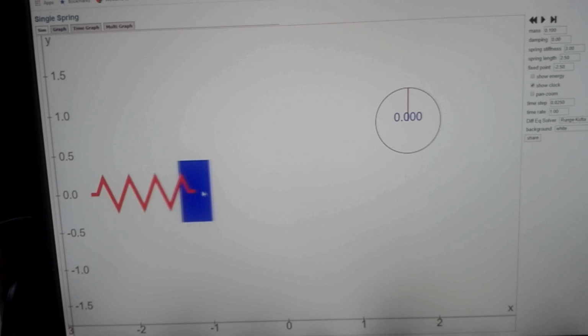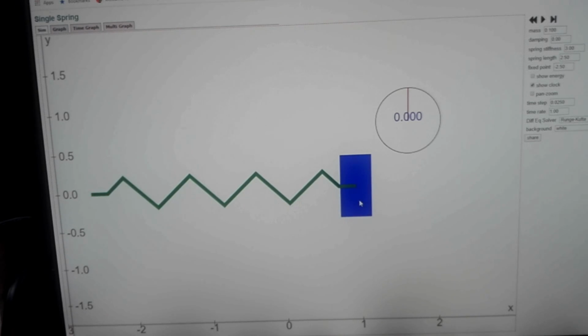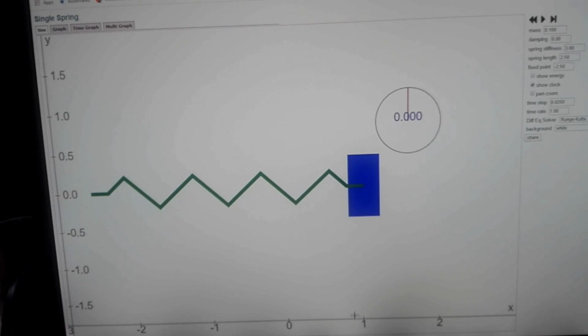In the first example, we drag this object to position 1, and in the second case I will drag it up to 2. This means that its amplitude will be high. Now I have dragged this up to 1.